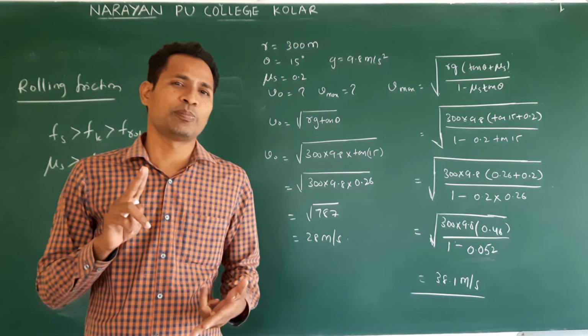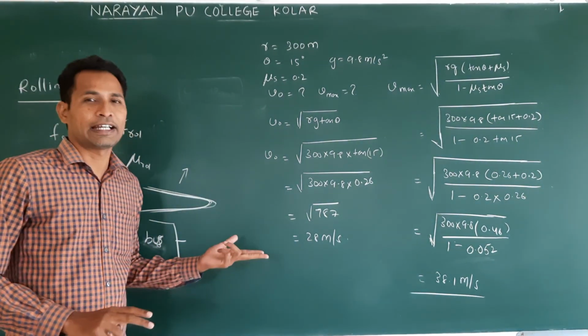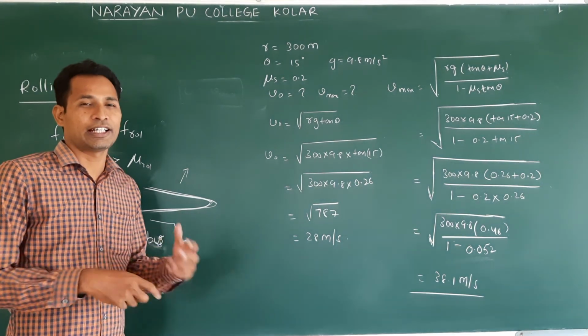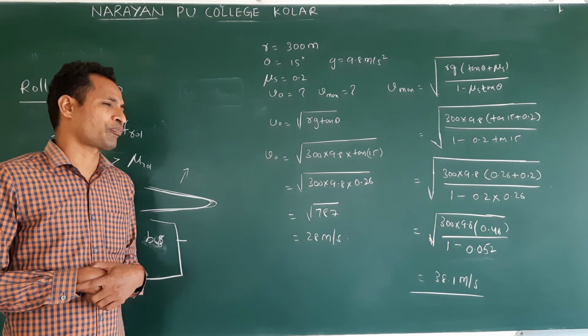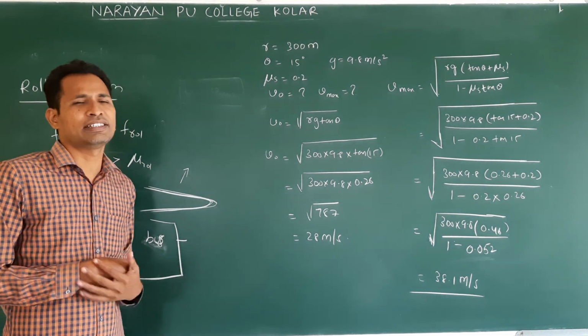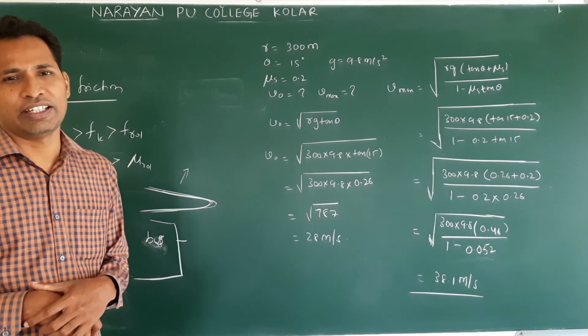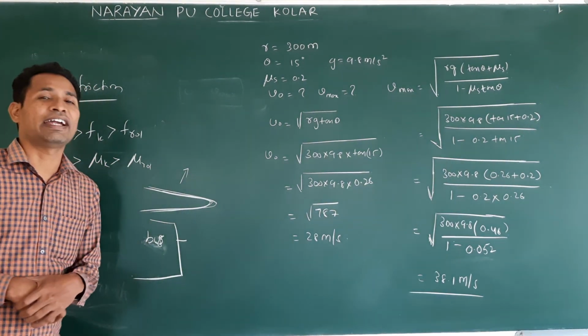Next method, using ball bearings. I did not mention it earlier, but ball bearings reduce the rolling friction. Next one, lubricants, using oils. Fourth one is streamlining of the vehicles.